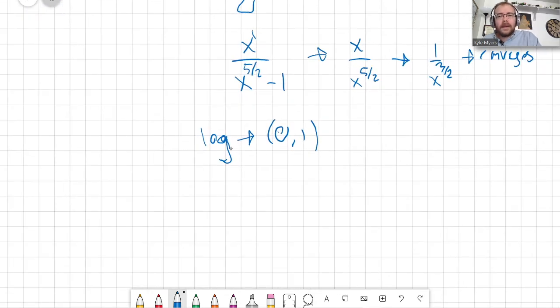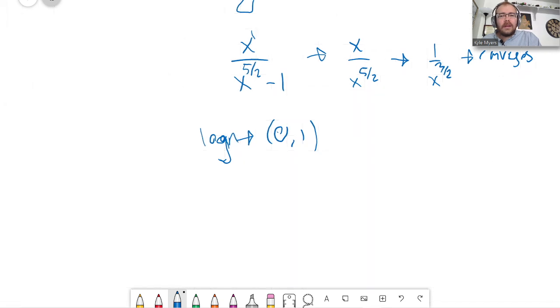So if I have a log of n, then it could have a power that's kind of between 0 and 1. So if I put log x over, let's say, x squared, then this could be as much as 1, but not equal to 1.